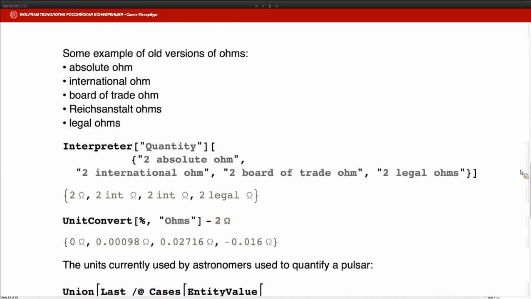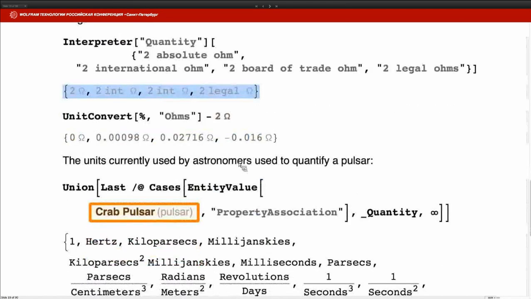Here's an example from what I just mentioned. There are many different versions. Historically, before we came to the current ohm for electric resistance, there were absolute ohms, international ohms, Bordeaux trade ohms, Reichsanstalt ohms from Germany, legal ohms. And if you just put them in, they all look fine.